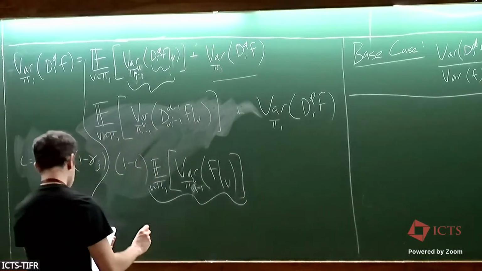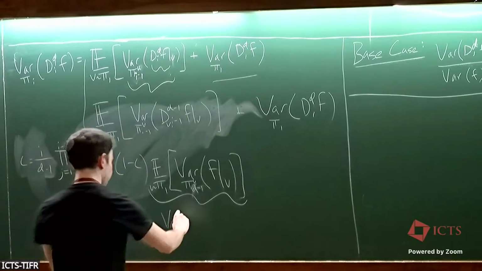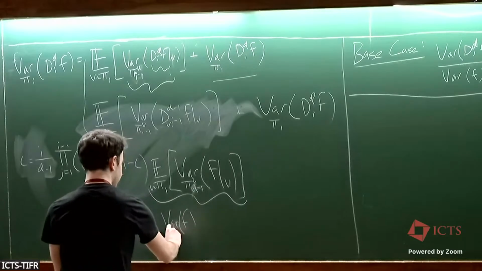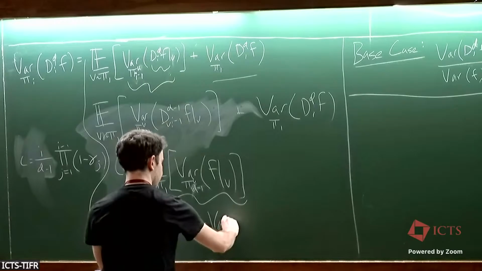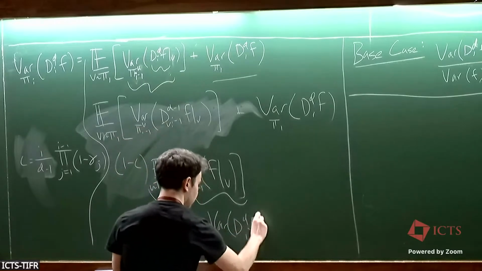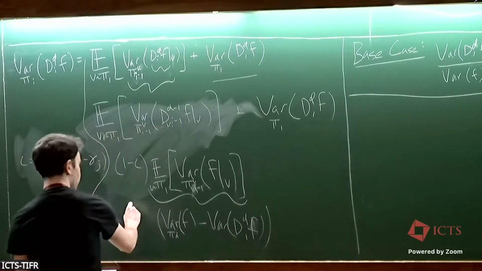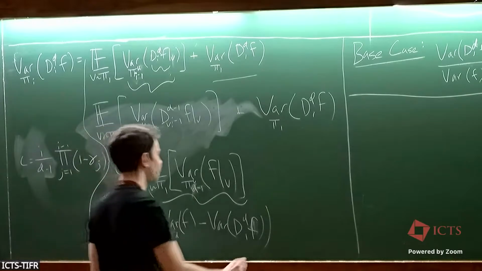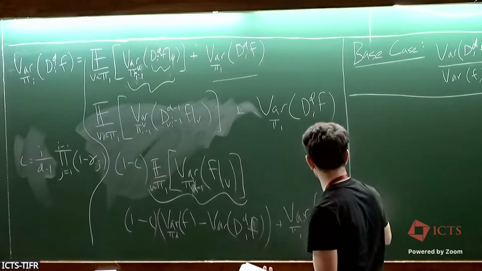This term is exactly the variance of f over pi d minus variance of d to 1 f. So let's bring back the 1 minus c plus the variance over pi 1 of d d1 f.